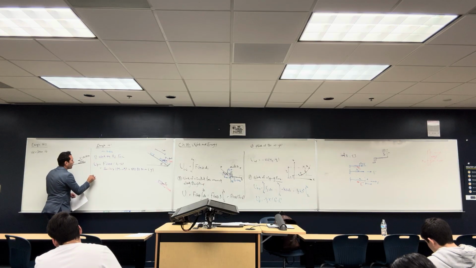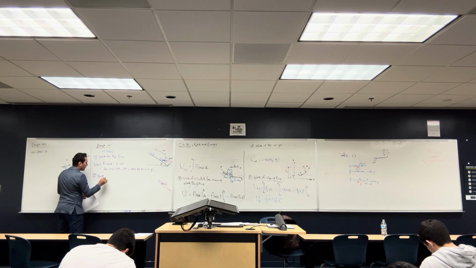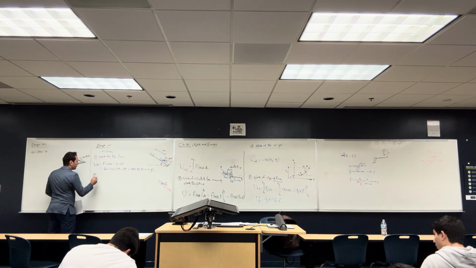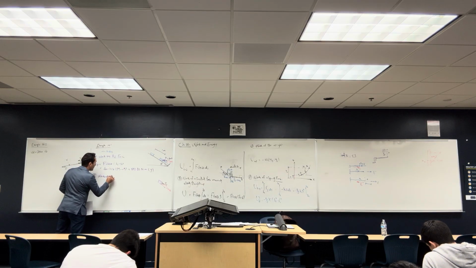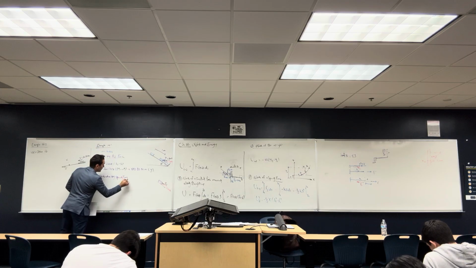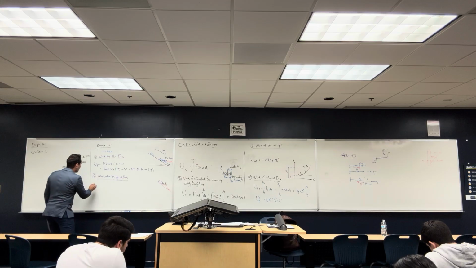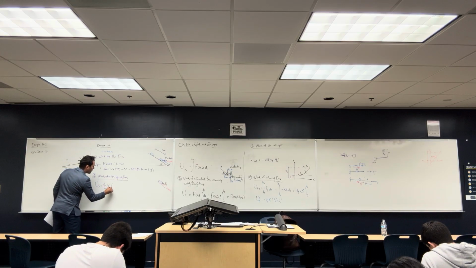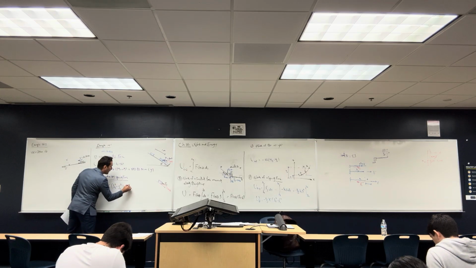Number two, the work done by the spring force. For the work done by the spring force, I have the rule over there. The U spring is always negative 1 over 2 K multiplied by S2 squared minus S1 squared. So I put negative 1 over 2.